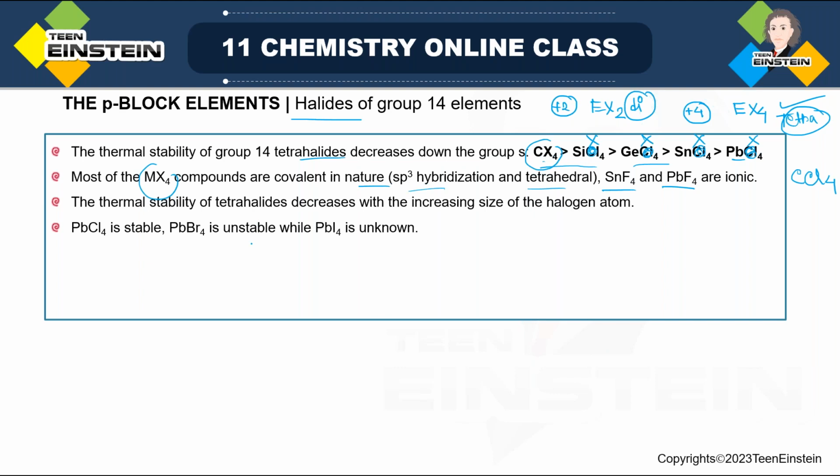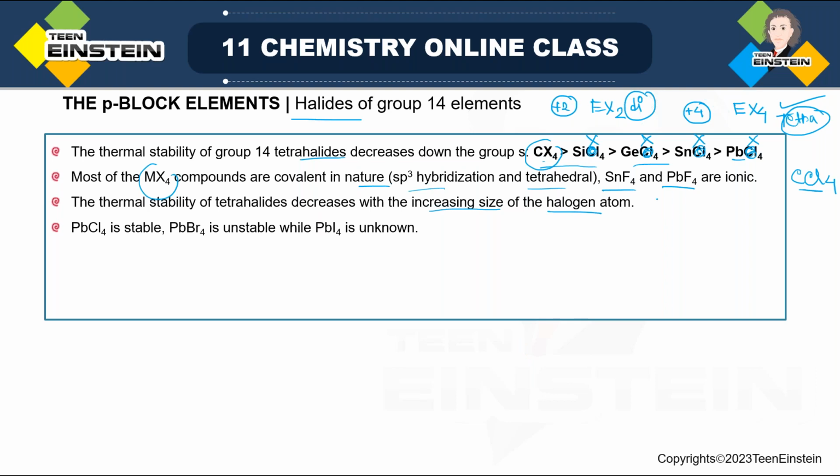Now, thermal stability, when you have fixed the halogen, suppose you have fixed it to Cl or to Br, then this is the order. But suppose you have fixed the element and you are changing the halogen, so there is an increase in the size of halogen.